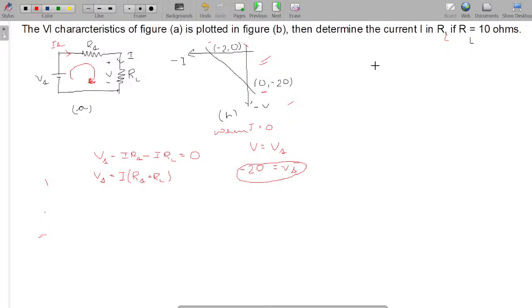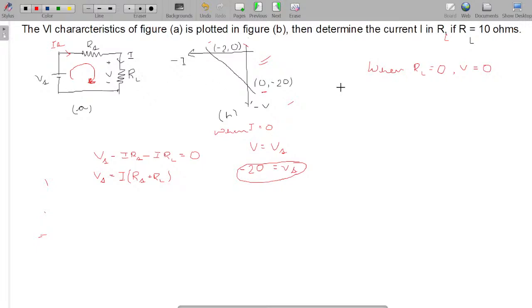And when would that be? When they are connected through a conducting wire. And what is a conducting wire? It is a short circuit, right? So can I say when RL equals 0, only then V would be 0, because it is a short circuit. Only in such a condition can V be 0.